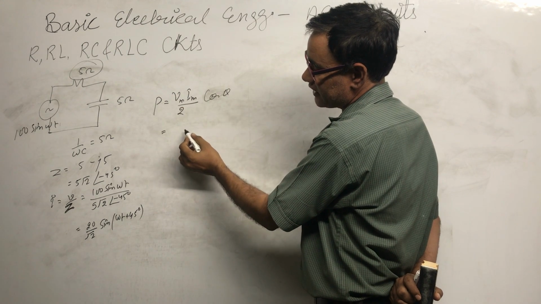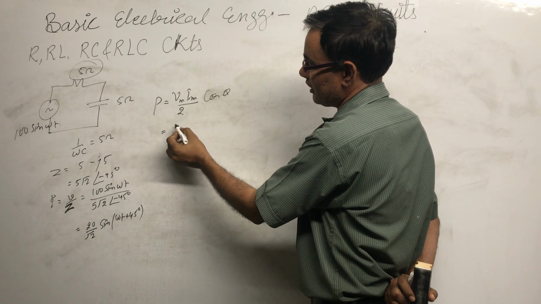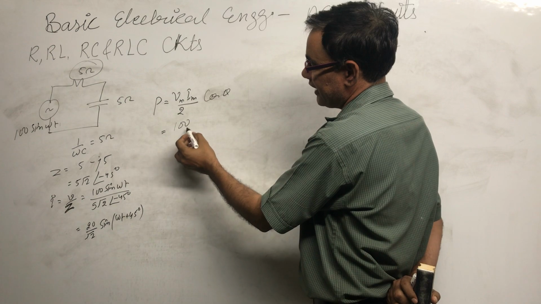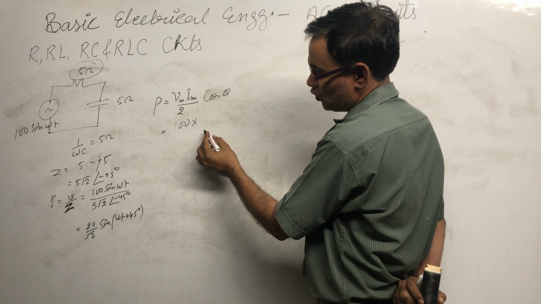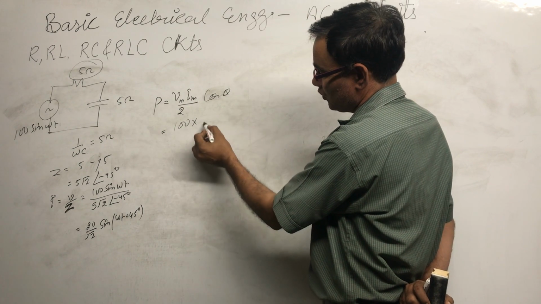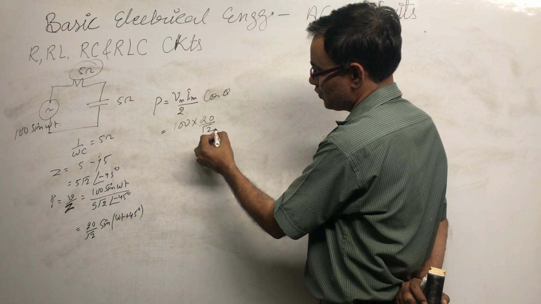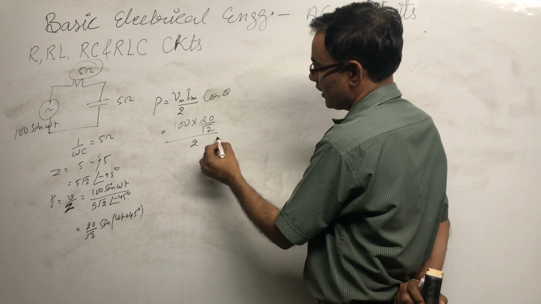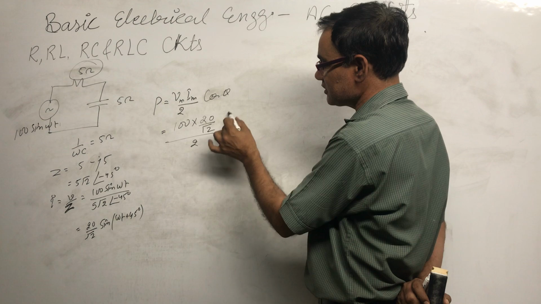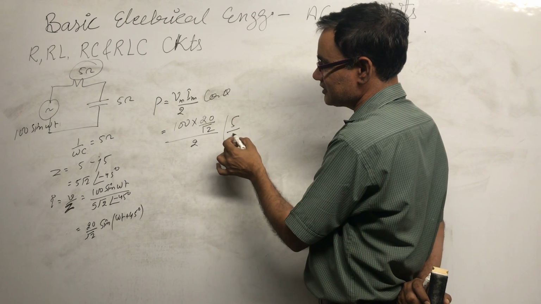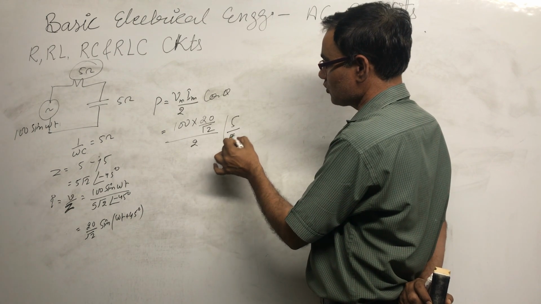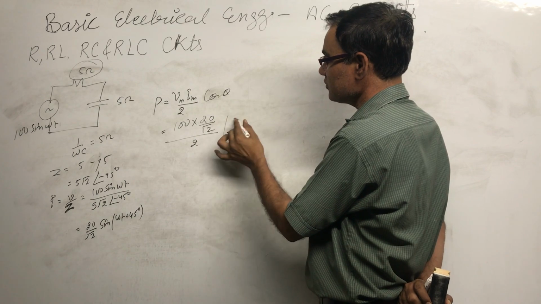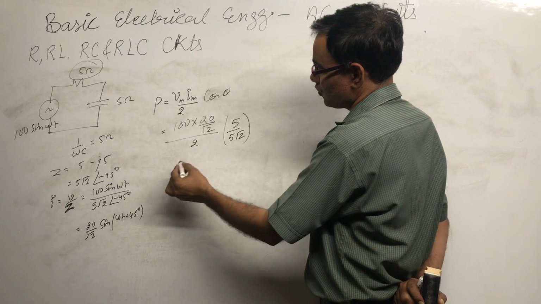So the voltage maximum value is 100, the current maximum value is 20 by root 2, divided by 2, and cos theta means real part R divided by Z. Z is 5 root 2, R is 5, so 5 by 5 root 2.